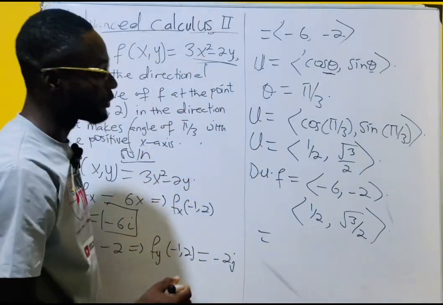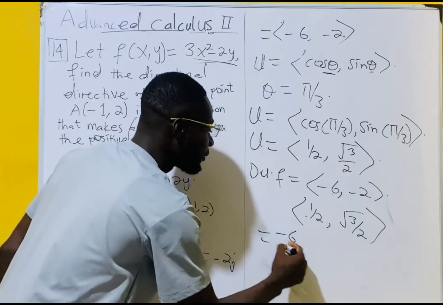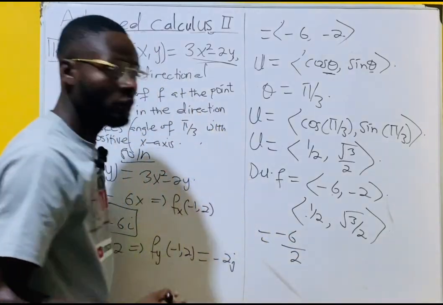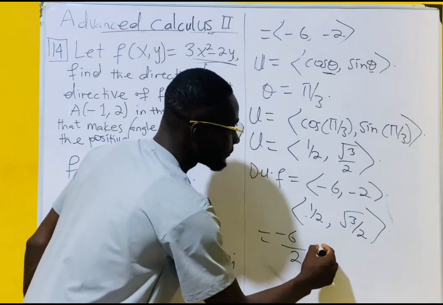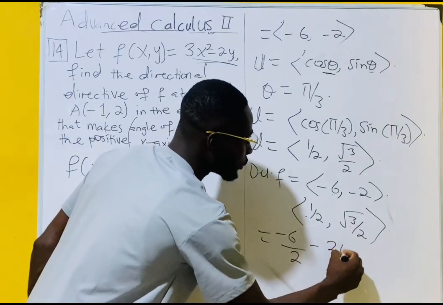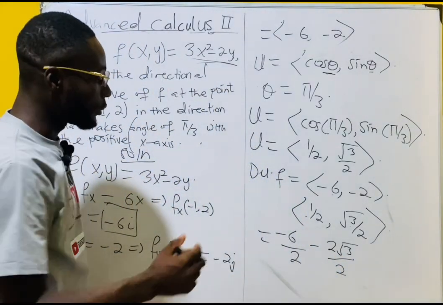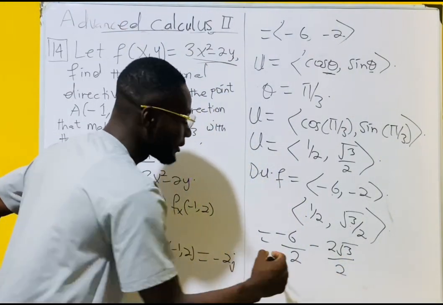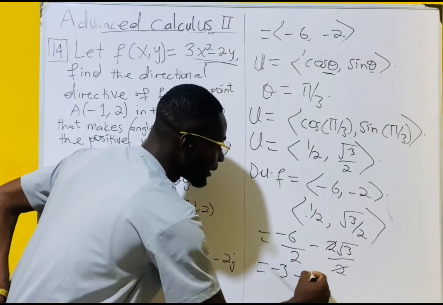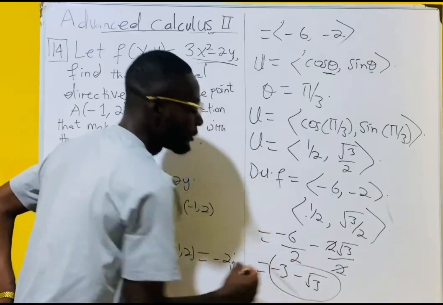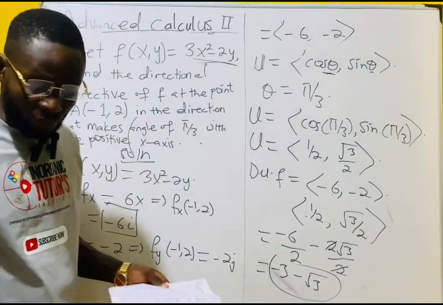So this times this gives us -6 over 2, and this times this will give us -2 square root of 3 over 2. So this is basically going to give us -3. Then the 2 will cancel, and we're going to have minus square root of 3. So we have -3 minus square root of 3, and that is our final solution.